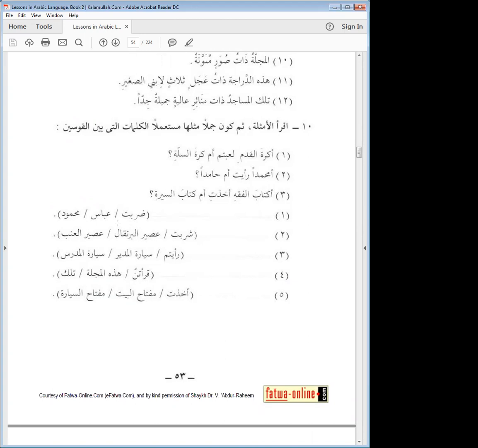So for example, we have 3 words here in brackets: darabtu, Abbasun, and Mahmudun, right? So in this case, you would say a-darabta Abbasan am Mahmudan. Did you hit Abbas or Mahmoud?